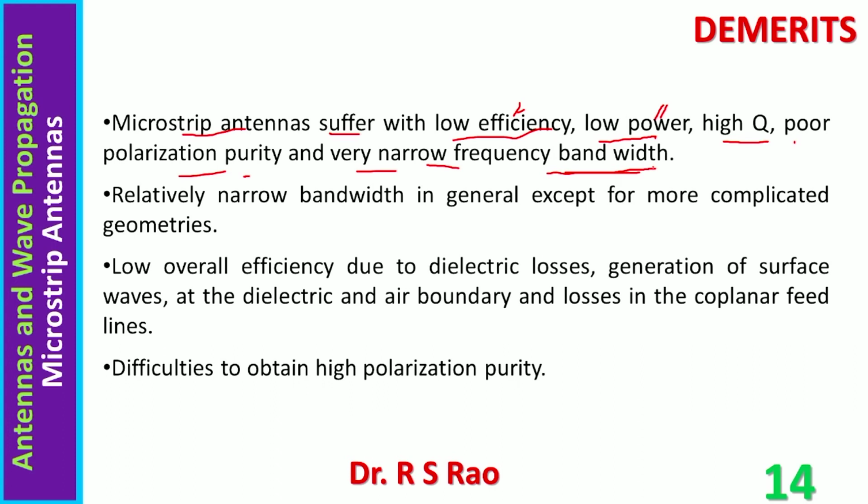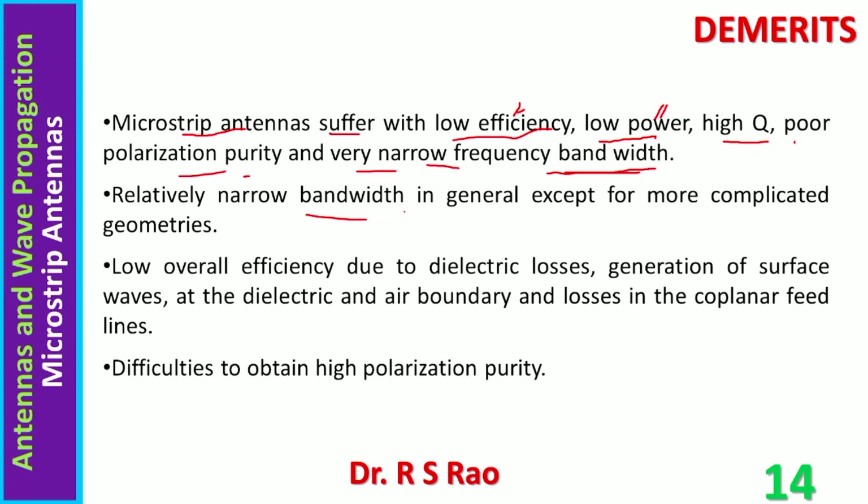Out of these two, the issue of gain can be solved to some extent by going for arrays. By using a larger number of patch antennas, one can achieve a good amount of gain. Bandwidth also: techniques have been developed to enhance it.